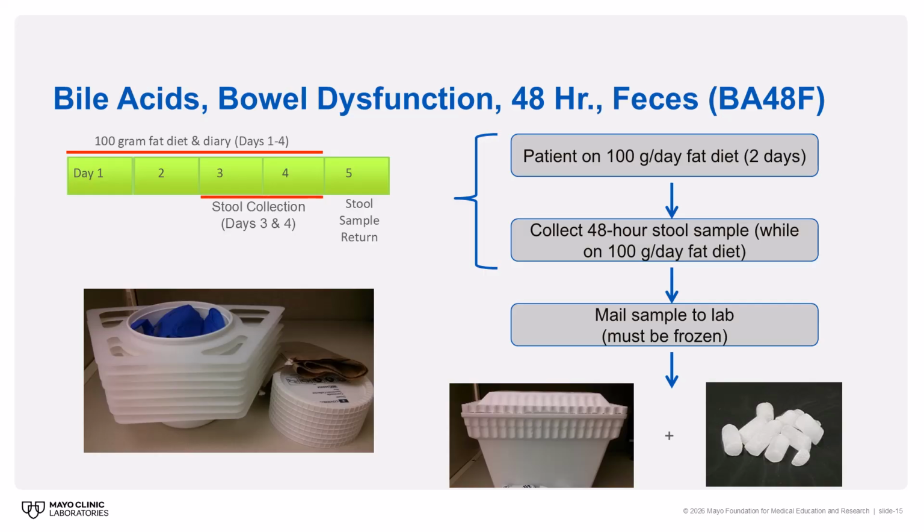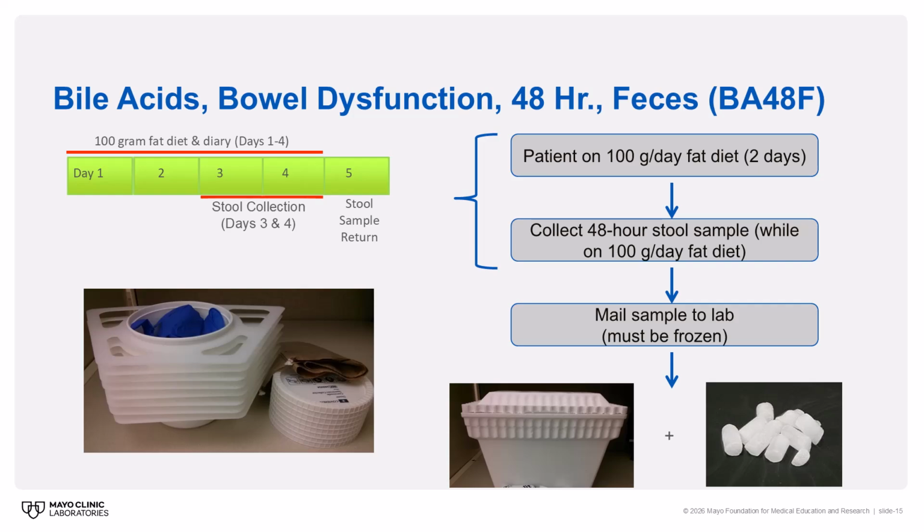It does require the patient to maintain a high-fat diet of 100 grams of fat per day over a 4-day time period. During days 3 and 4, all stool is collected. On day 5, all stool samples are combined and returned to the laboratory for analysis.